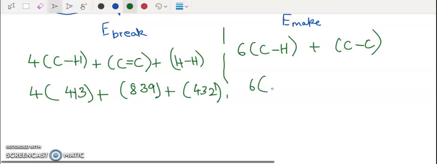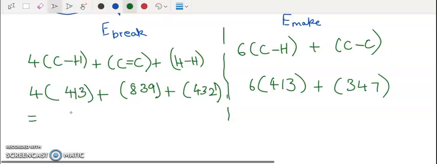On this side it's going to be 6 times 413 plus C single bond C, which is 347. And altogether, when you add them up, they should give 2923 kilojoules per mole.